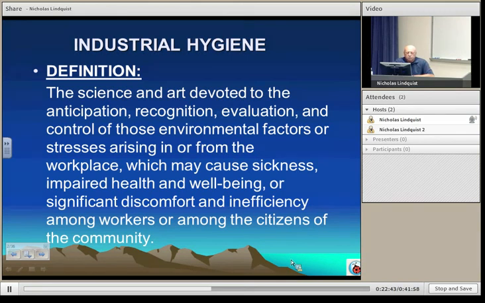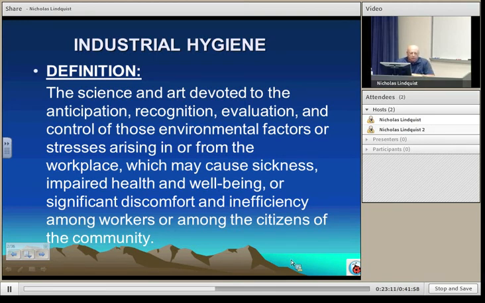Those are, first of all, stresses. The stresses that are dealt with by the industrial hygienist are chemical, physical, biological, and ergonomic. Chemical stresses include gases, vapors, dust, fumes, and mist. Physical hazards include noise, radiation, and temperature extremes.